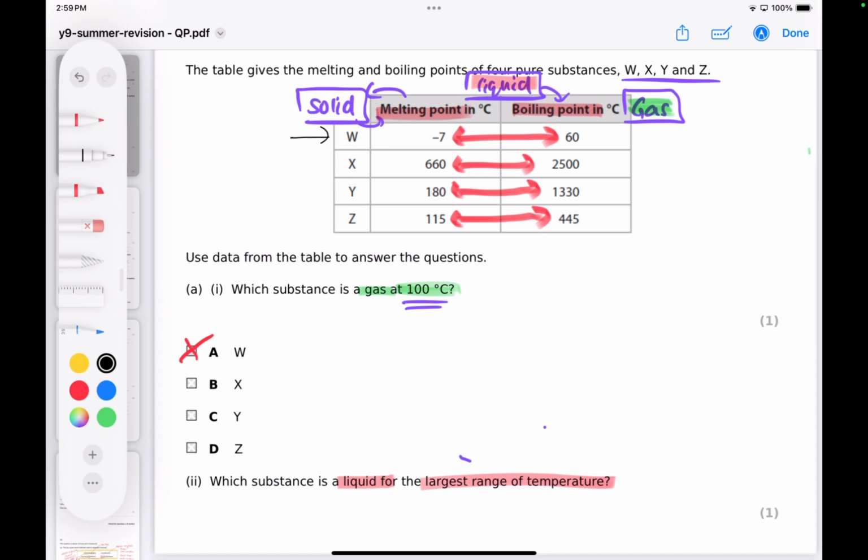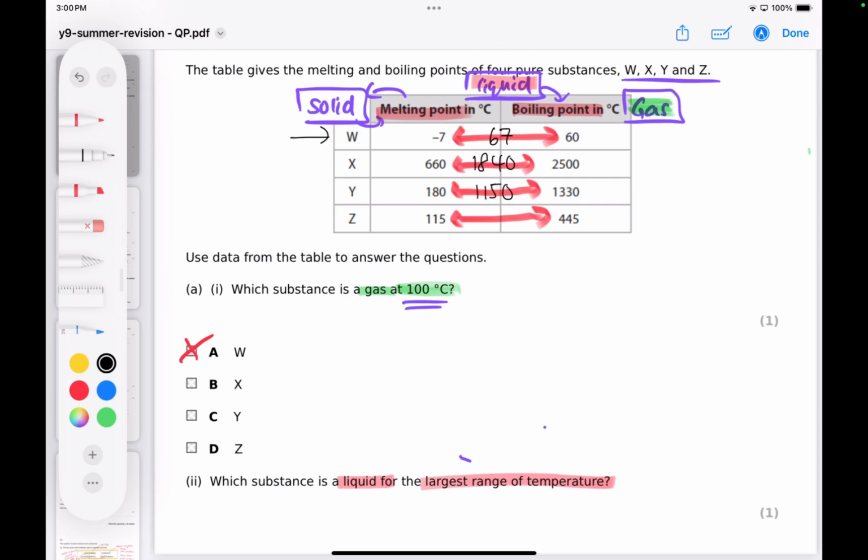For W, you use 60 minus -7. So the range or the difference here is 67 degrees. Then we have X, which is 2500 minus 660. This difference is 1840, and you do the same for Y and Z. For Y, the difference is 1150.